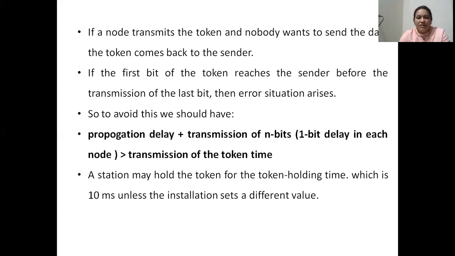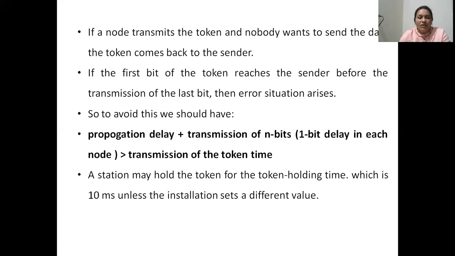Now, to avoid this, the propagation delay plus the transmission of n bits, which includes a 1-bit delay in each node, the sum of these two should be greater than the token transmission time on a token bus network. And there's something known as token holding time, which is used in the token ring network.